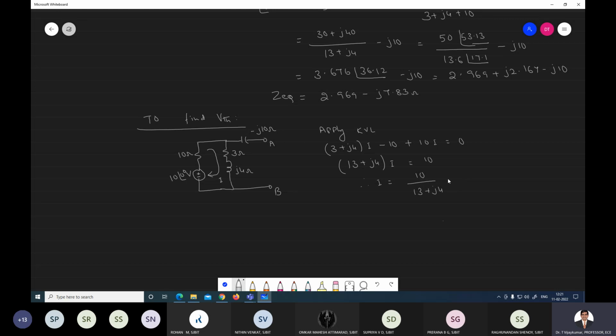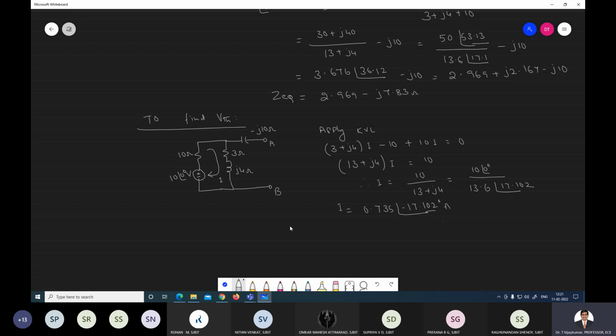Further simplifying, this is 10 at an angle of 0 degree over 13 plus J4. If you convert this, it becomes 13.6 at an angle of 17.102. After further simplification, I is equal to 0.735 at an angle of minus 17.102 degree amps. This is the current.